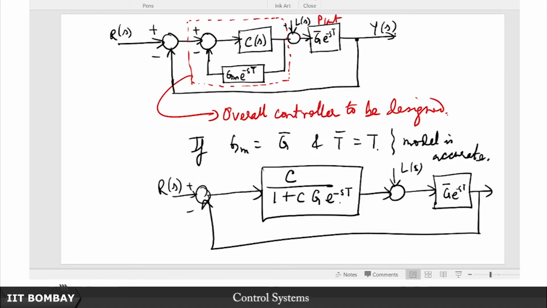So now that we have this figure, this is a simplification subject to these assumptions. Now it is very easy. If I just want to find out the transfer function from R to Y, all that I need to do is to take the cascade combination of these two, right. Okay, I should write G bar here, right, yeah. So the cascade combination of these two and take this, alright.